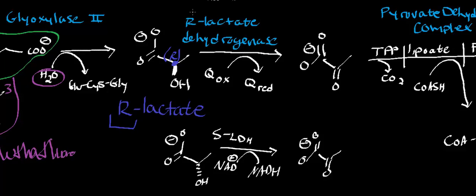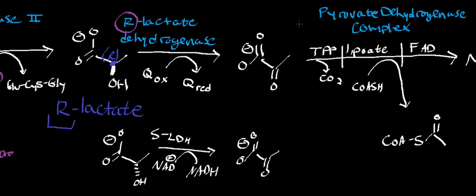This is going to be R-lactate dehydrogenase. So if the cell has lots of lactate floating around, it's likely the S isomer. But through this pathway, you do generate R-lactate. Now, instead of using NAD as an electron acceptor, you're going to use this guy right here. This is Q-oxidized, but another name for it is ubiquinone.